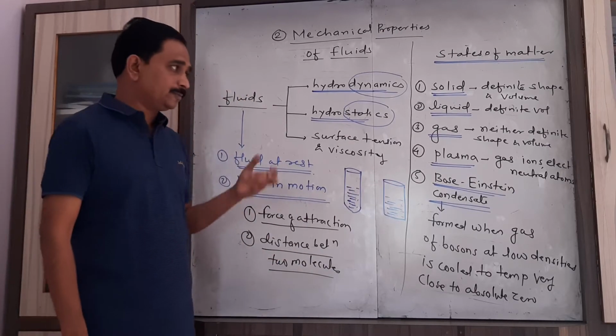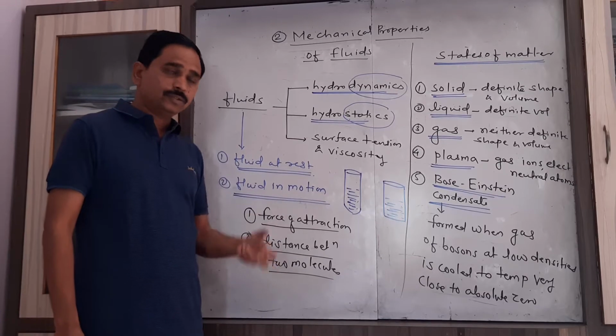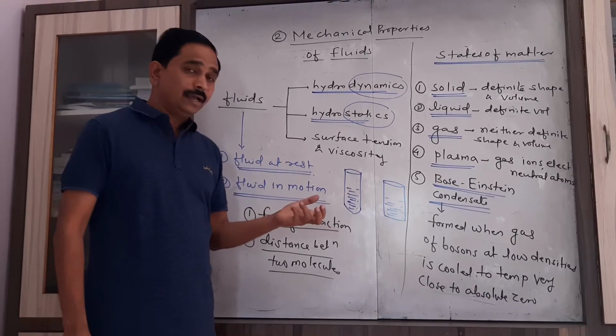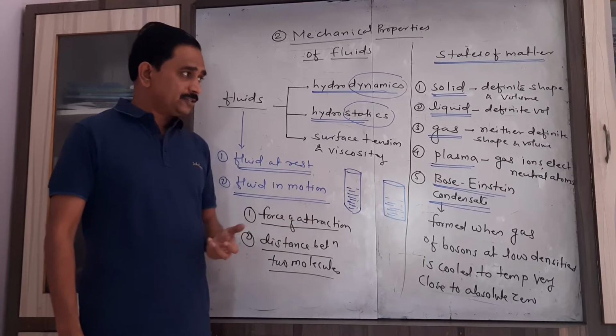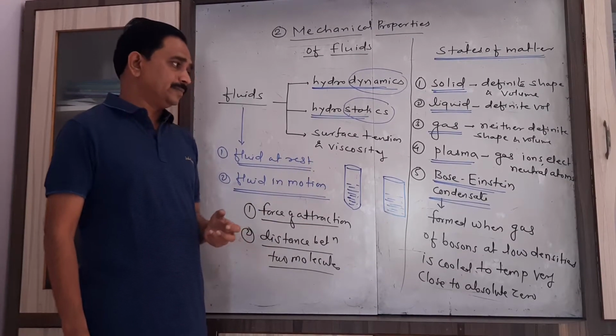Plasma is the fourth state of matter, which consists of gas having free ions, electrons and neutral atoms.